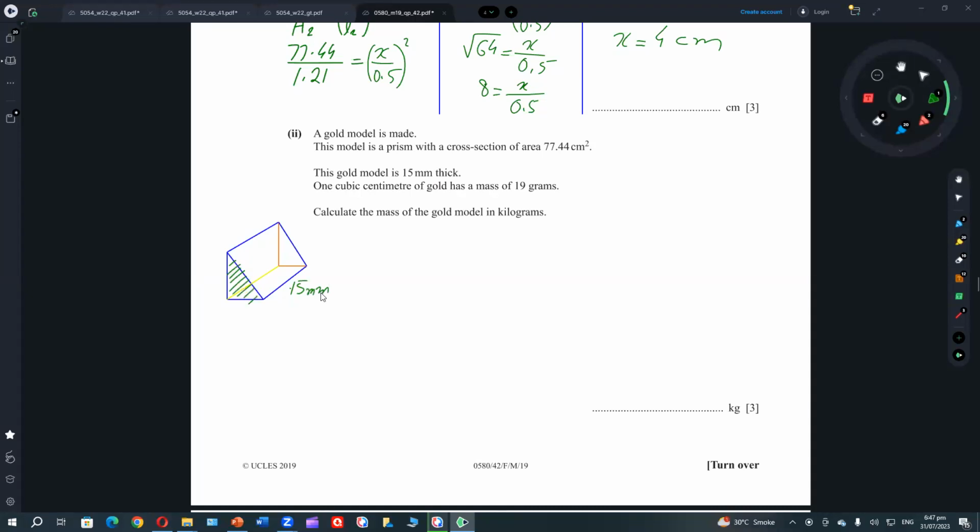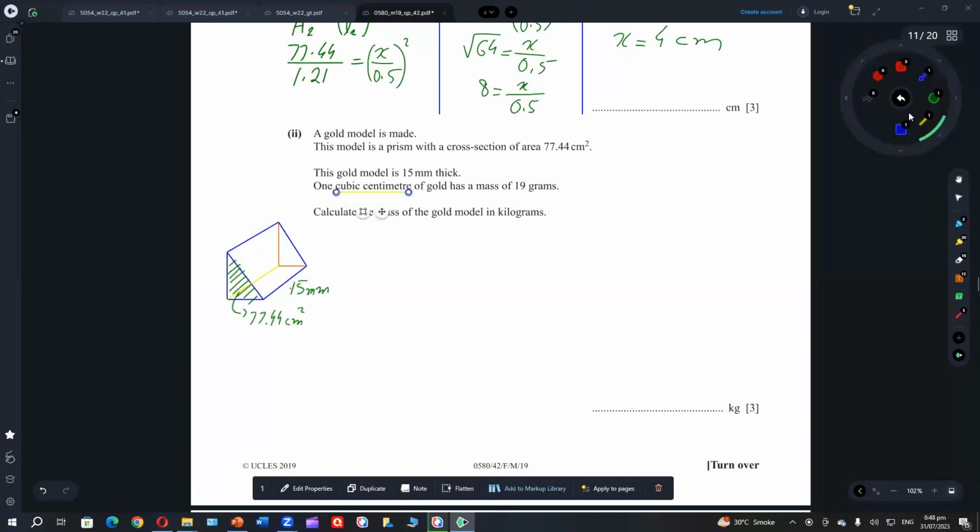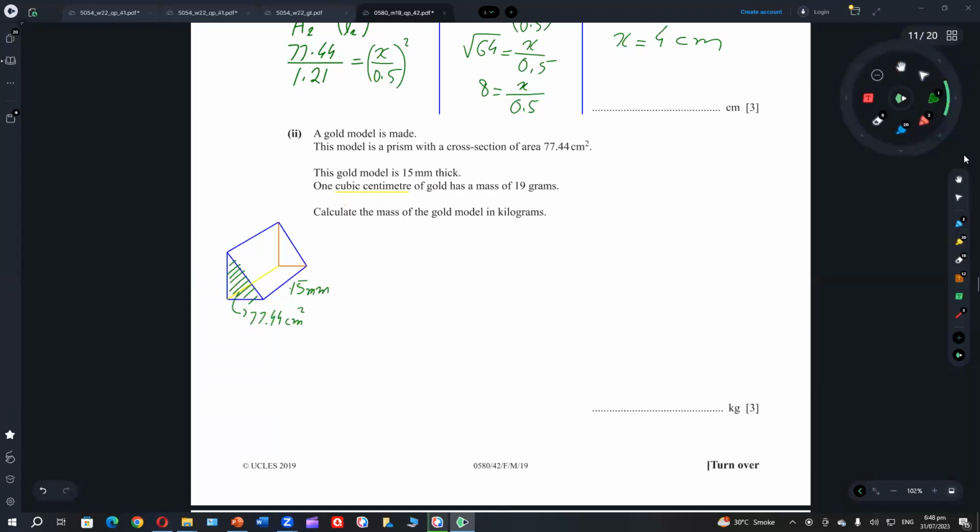this area is 77.44 centimeter square. Say cubic centimeter. Look, this word cubic centimeter is a unit of volume. This cubic centimeter means cm cube, and cm cube is a unit of volume.